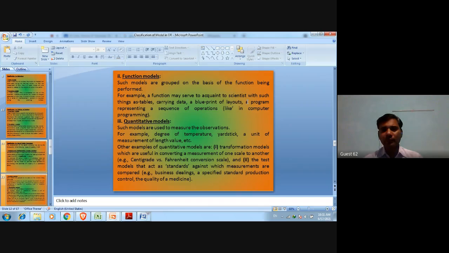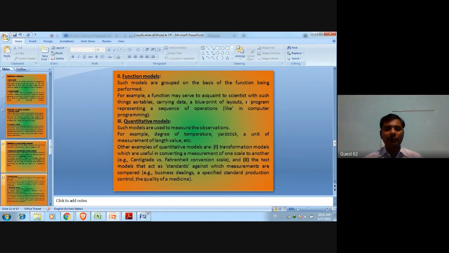Suppose it is raining; scientists measure the rain in centimeters, for example 80 centimeters of rain today.